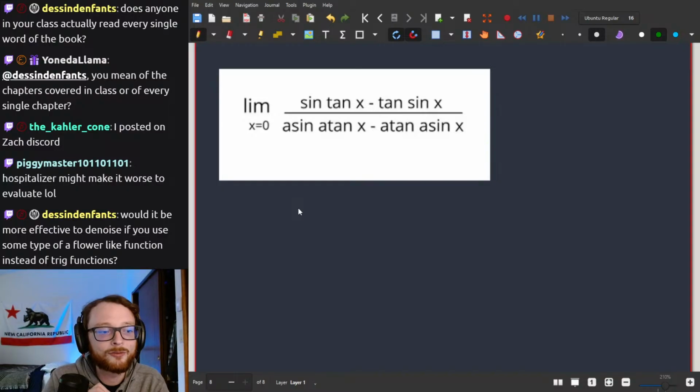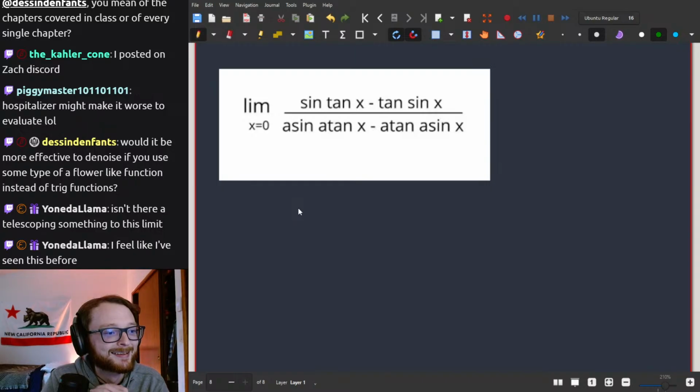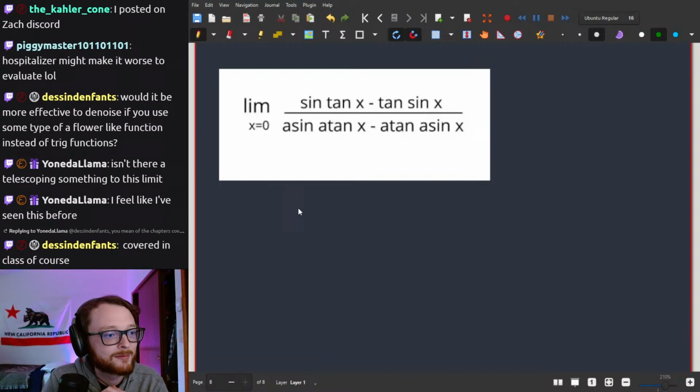I would guess that there's less in the AI part of applied math and more in like the biology part of applied math. But I don't have much to really base that on. You optimized the problem, made a computation unnecessary. There you go, Yonetta. Didn't your class actually read every single word of the book? I doubt it. Anyone does.